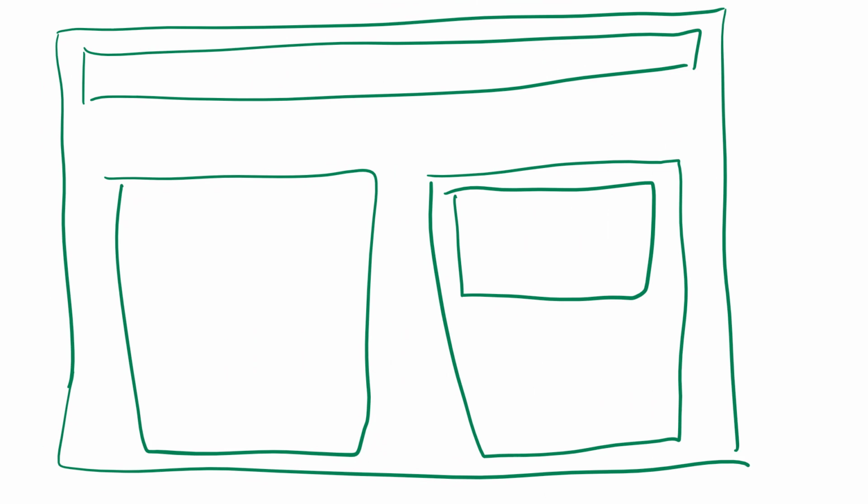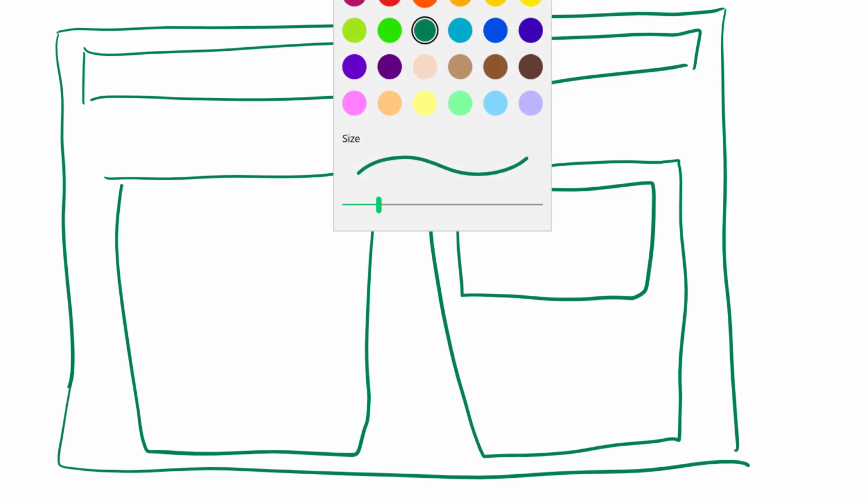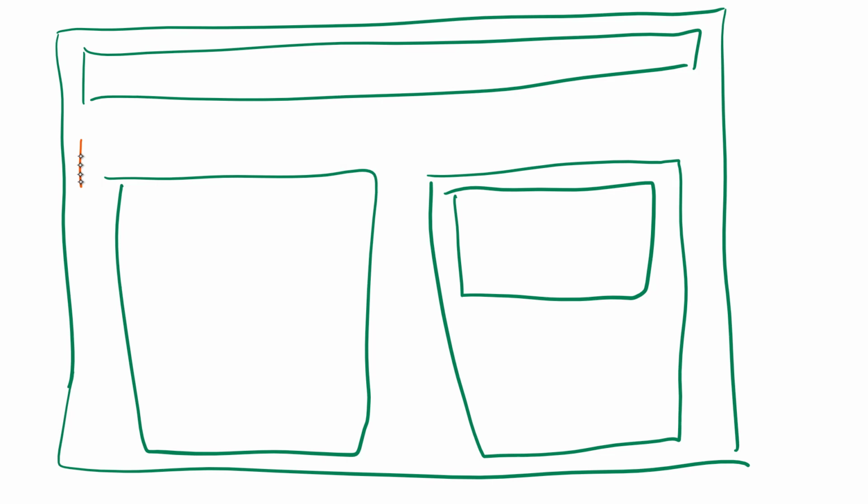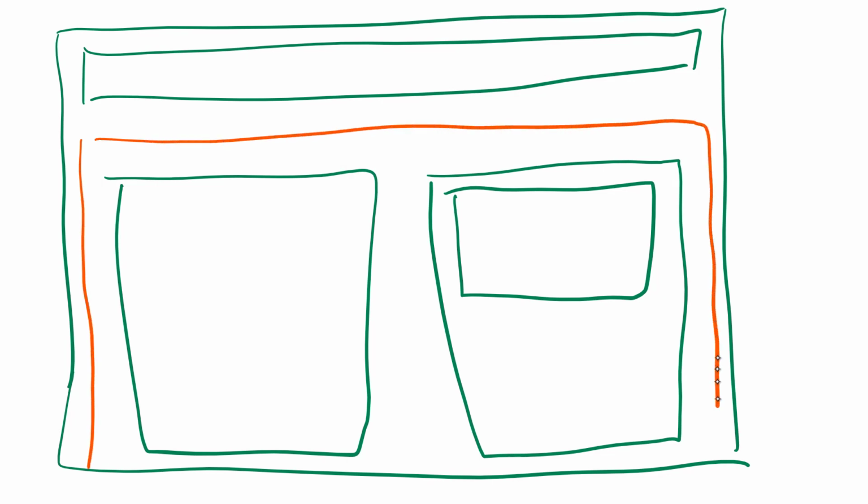Now, there's one other component here that we didn't talk about that we have to realize in the structure. There's actually a row container that sits right here.